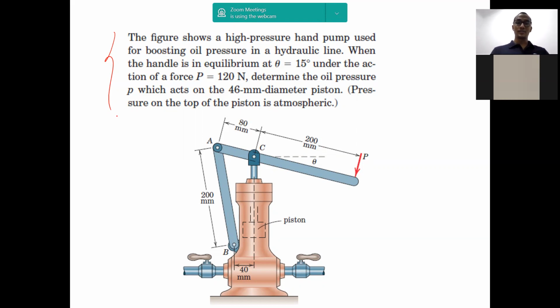In the current condition, when theta is equal to 15 degrees and the given force is 120 Newton, you are asked to find the oil pressure P, which acts on this piston, the 46 millimeter diameter piston. Basically what I ask of you is the delta pressure. So you don't have to care about the atmospheric pressure.